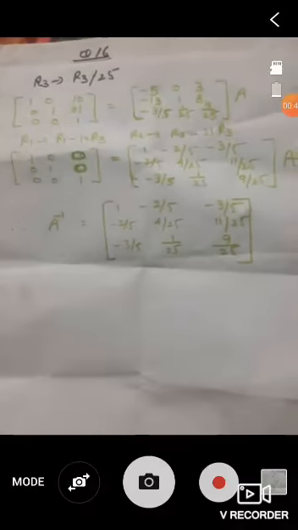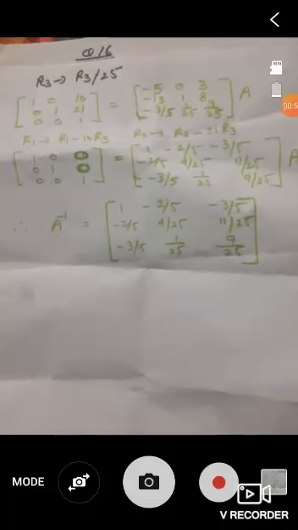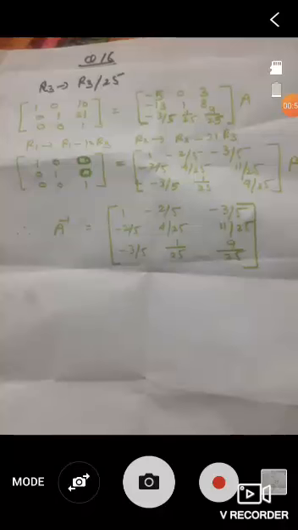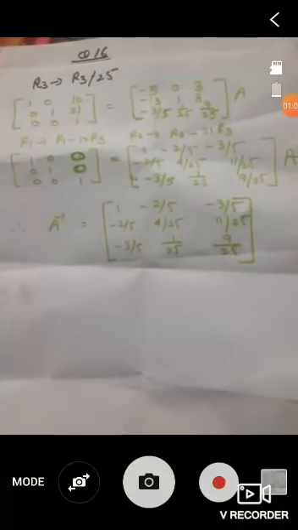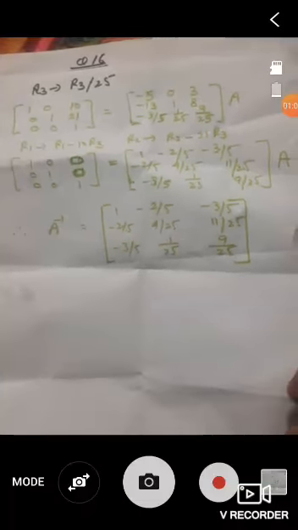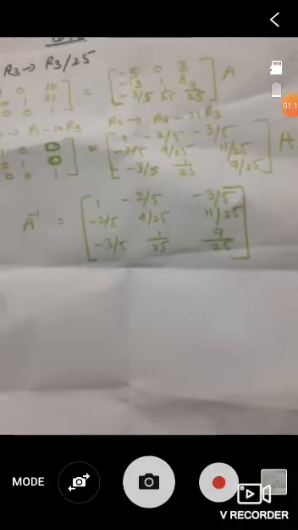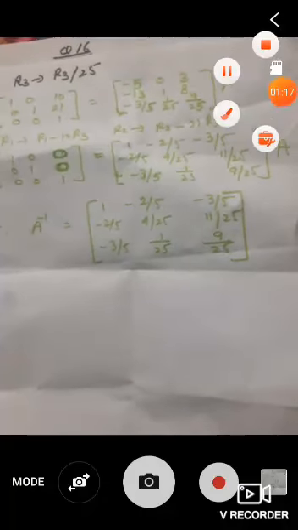So I will apply this operation and finally the third row of the left hand side matrix becomes 0 0 1. The same operation I will apply on the right hand side. Now the next two concurrent operations: R1 changes to R1 minus 10R3 and R2 changes to R2 minus 21R3.